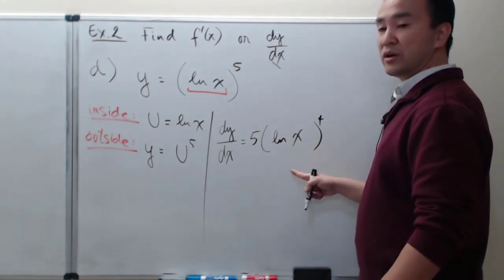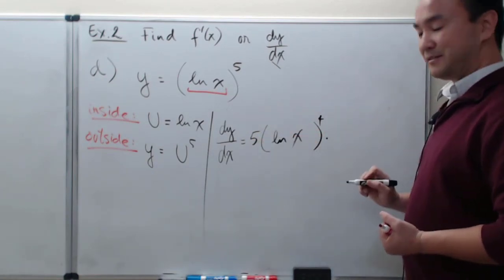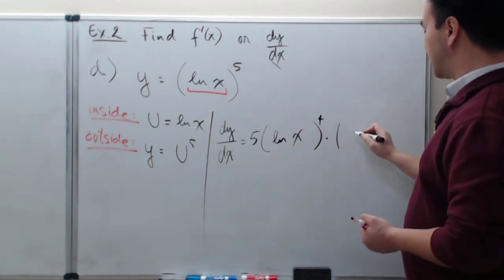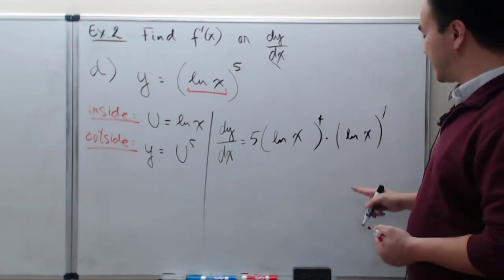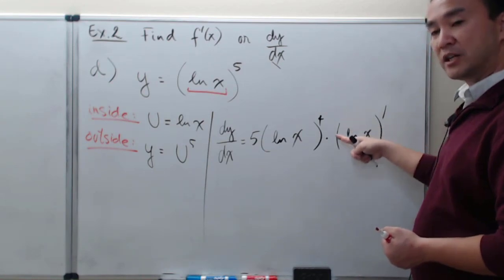So that's the derivative of the outside, and now I am going to multiply with the derivative of the inside. My derivative of the inside, how about I turn it into one more extra step right here. It's only an indicator that in the next step I am going to actually find the derivative of this.